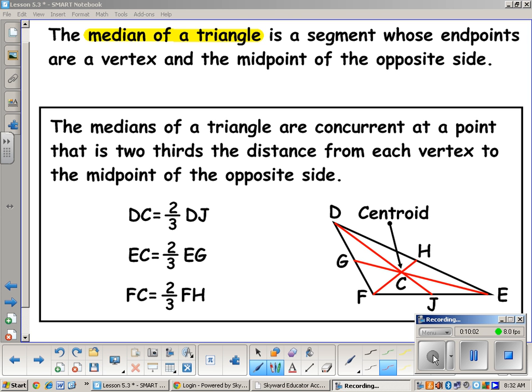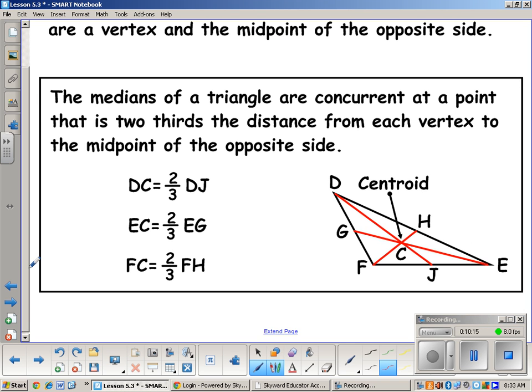This is the one we're going to talk about, the median of a triangle. It's a segment whose endpoints are a vertex and the midpoint of the opposite side. So in this picture here, this median, here's one endpoint, it's this vertex D, and this endpoint J is the midpoint of the opposite side.